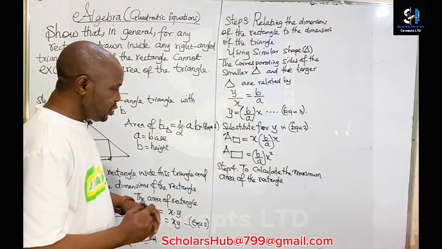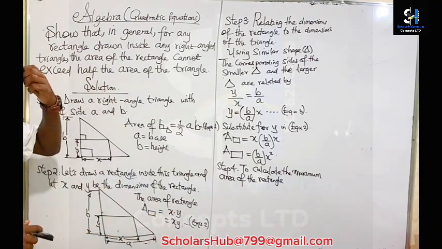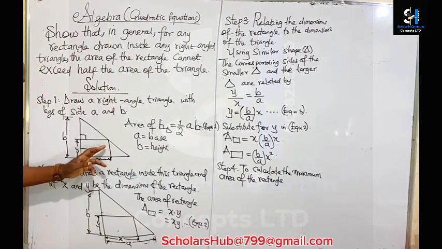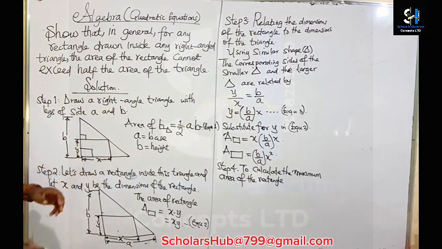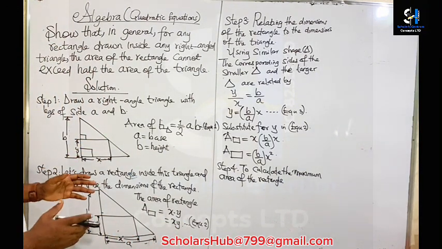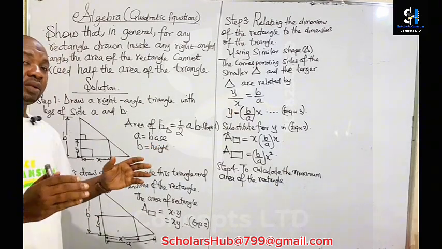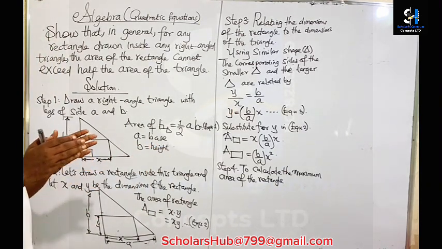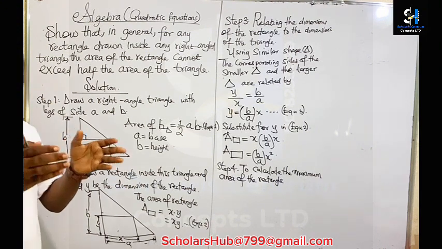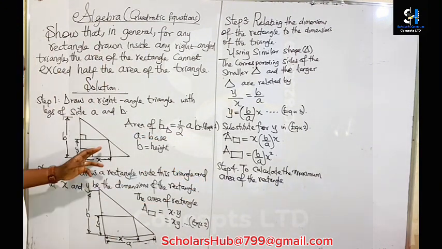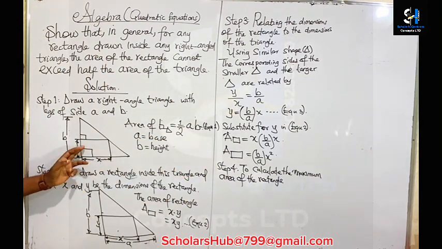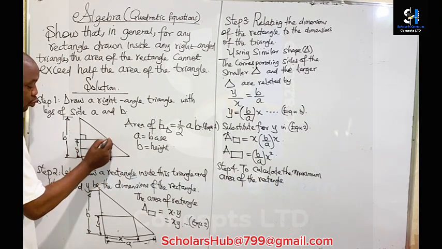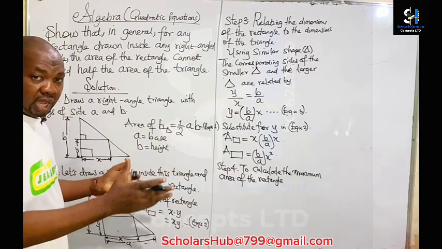When we look at this figure, let's consider the top right corner of the rectangle, the point where the top right corner of the rectangle touches the hypotenuse.